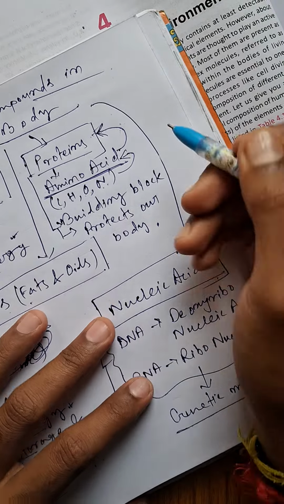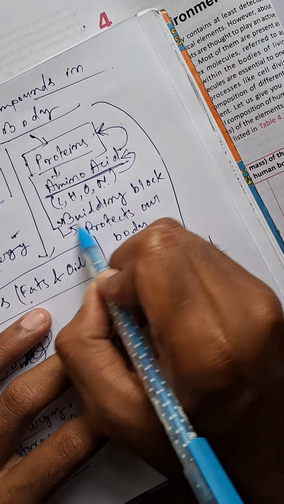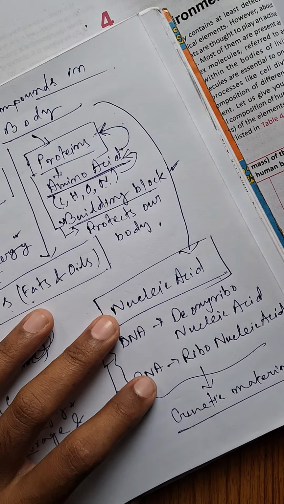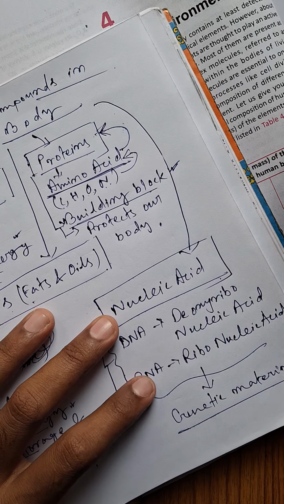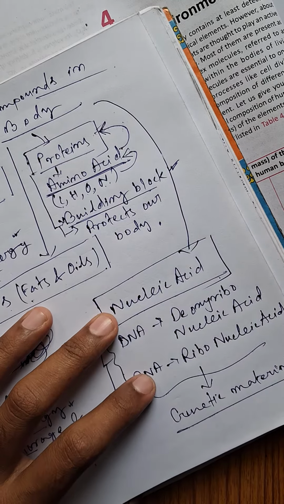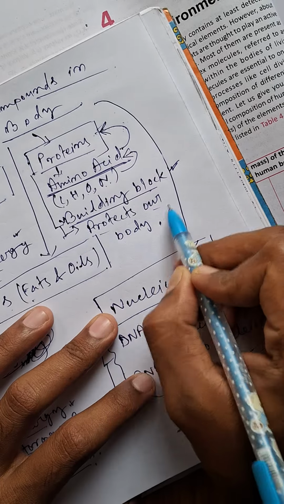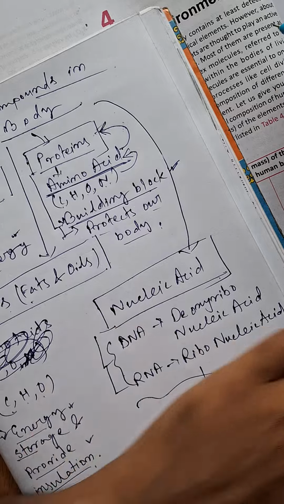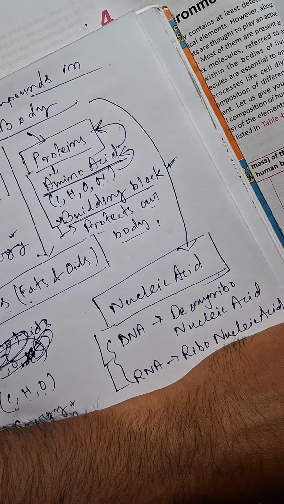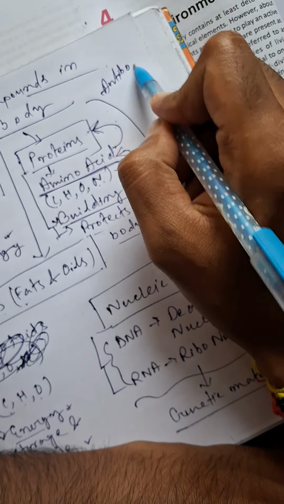So what are the functions of protein? Protein is the primary building block of our body. If we don't get protein, we can't grow muscle, we can't grow. Next, protein protects our body from harmful viruses, bacteria, and harmful toxins, by what is called antibody or immunoglobulin.